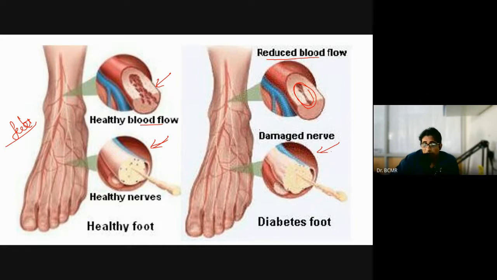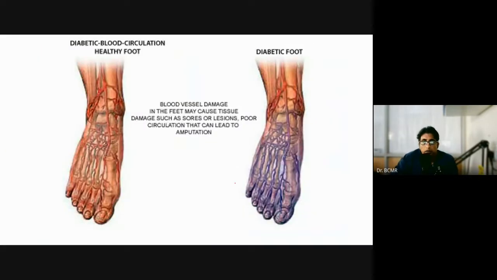So the feet may not be receiving as much nutrition and oxygen as required. As a result, sometimes there is no blood supply, because of which this tissue will start dying and undergo necrosis, right?